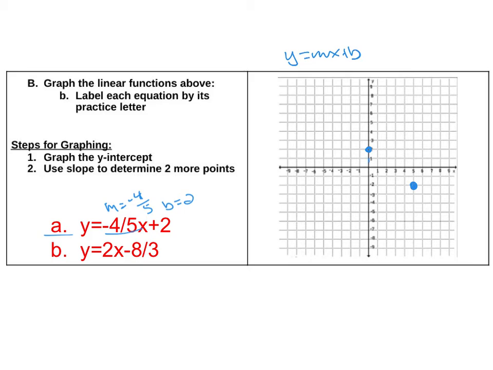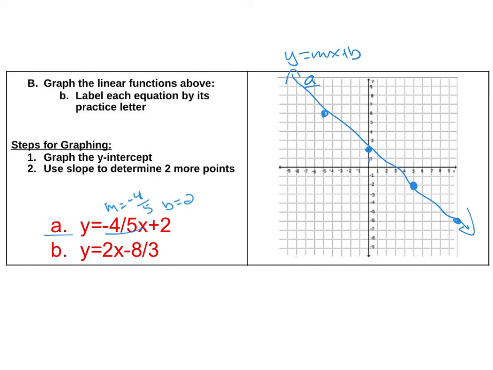So down 4 over 5, and of course we can do that again. If we go down 4 more, over 5 more. And of course we can go up 4 and back 5 to kind of spread this graph out. So right there is problem A being graphed.